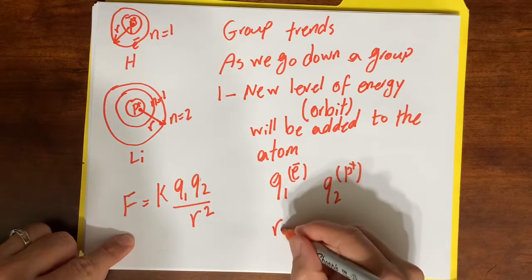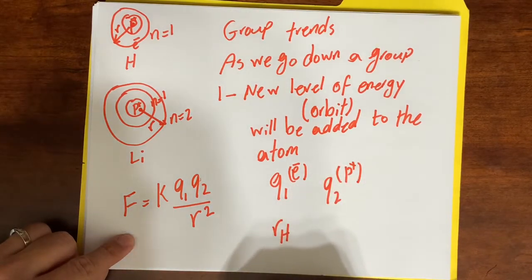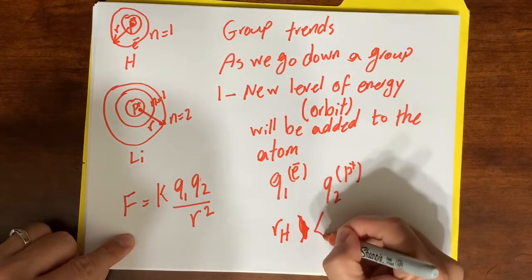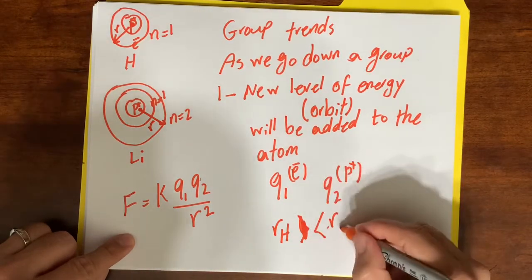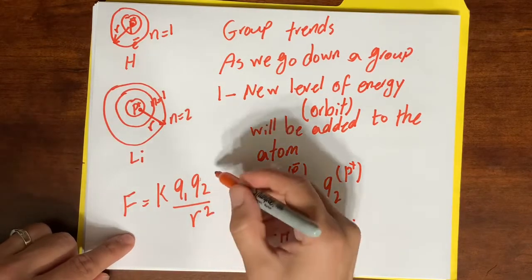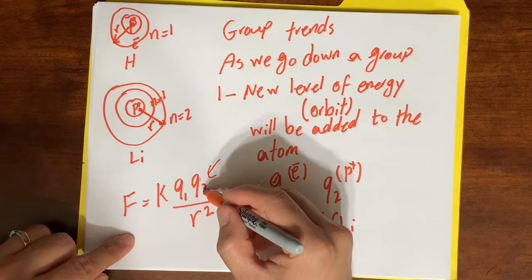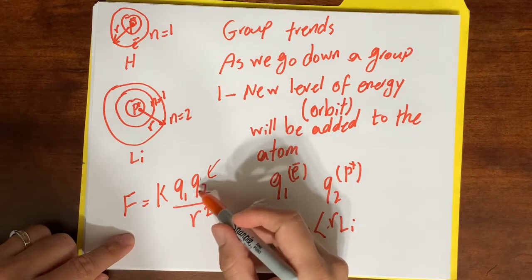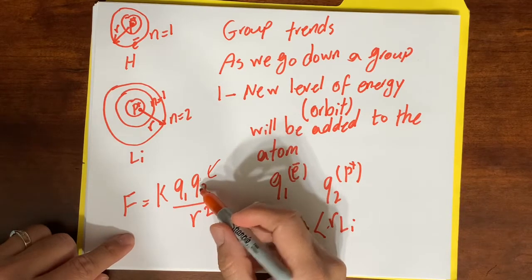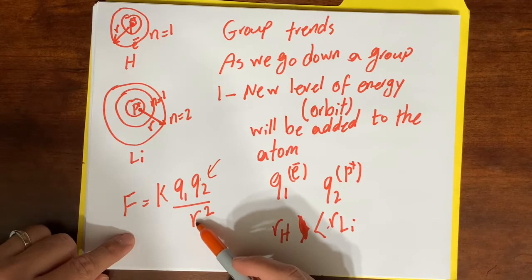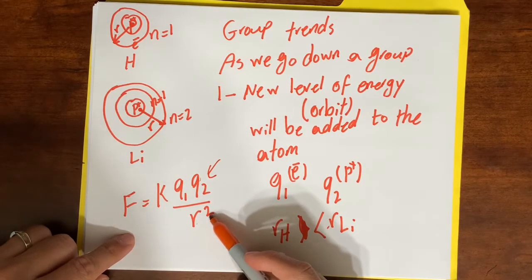But we forgot one thing to say, that R, as we go down in one group, is increasing. So you have the right to say R for hydrogen is smaller than R for lithium. And check here. When we increase Q, the exponent of Q is just 1. So if you double Q, in fact, it will be 2 times. But if you make R 2 times bigger, when you square it, it will be 4.